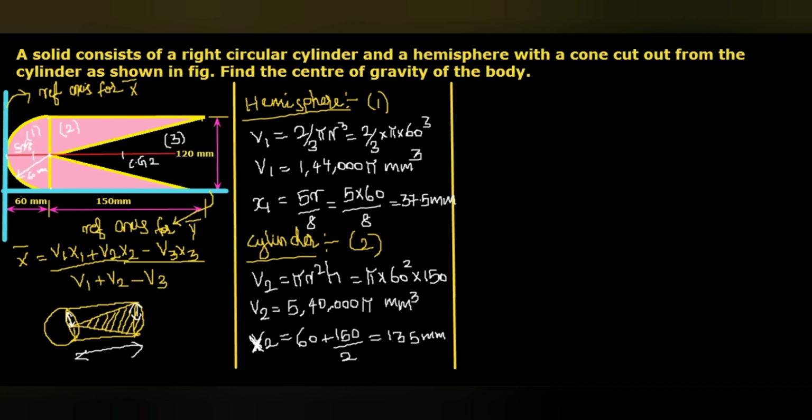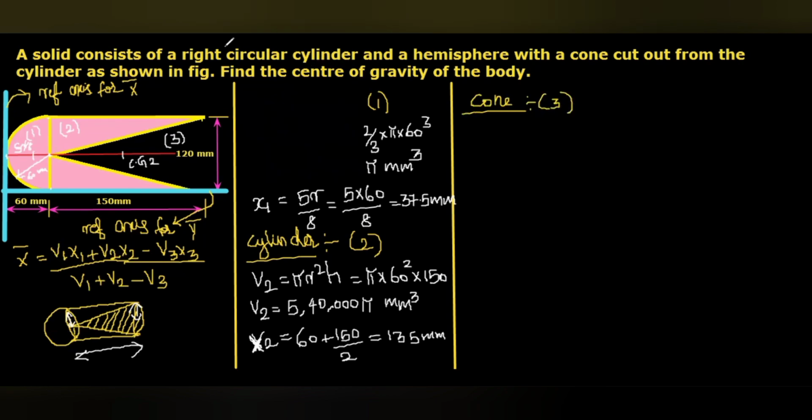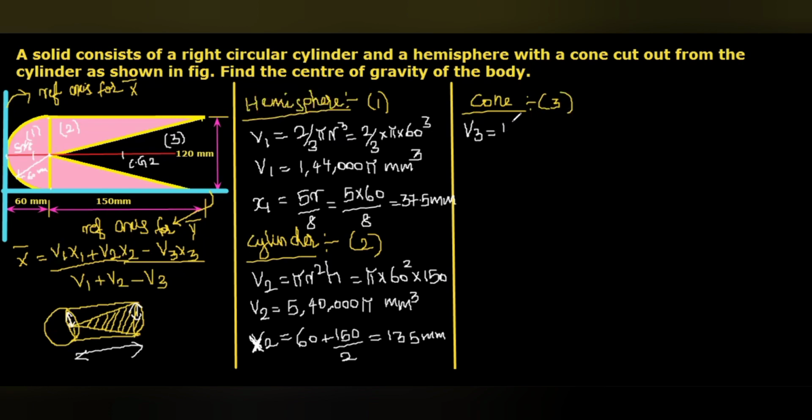Then we got to do the calculation for the removed portion. That is cone, right circular cone, that is the segment 3. So V3, the volume of the cone, is 1 by 3 pi r square h. Radius and then the height of the cylinder and the cone, both are same.